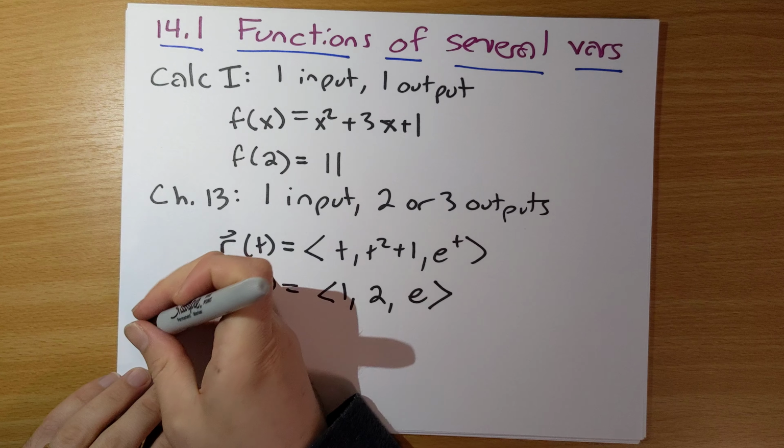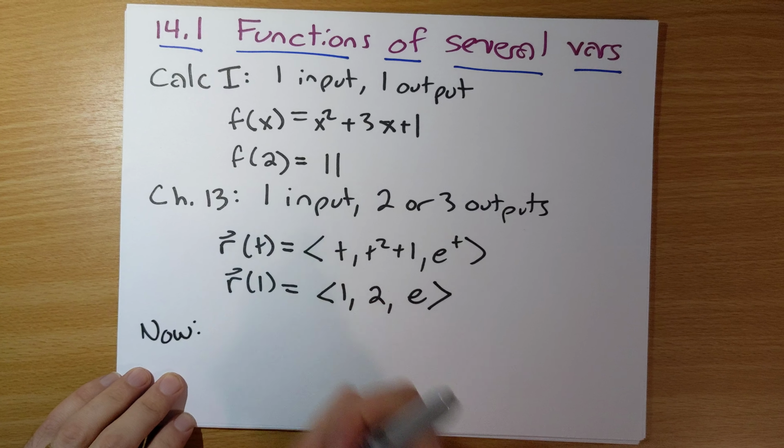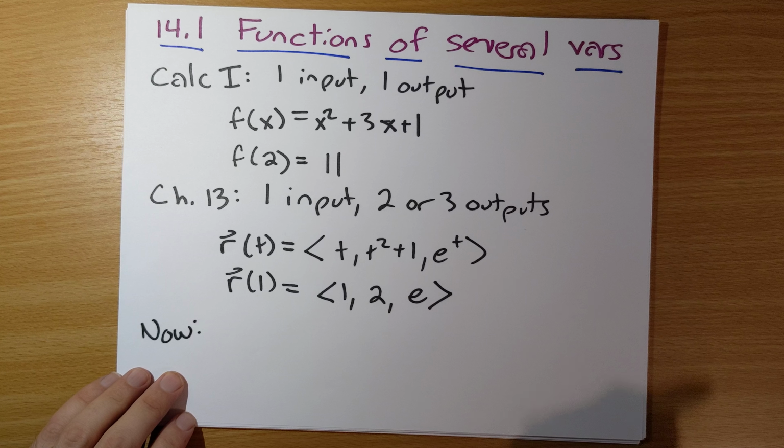Well, guess what? We're going to have yet another way of thinking about these things. Now our functions are going to have 2 or 3 inputs and 1 output. So, for example, let me go to a new slide here.